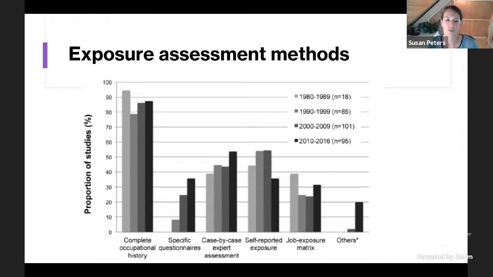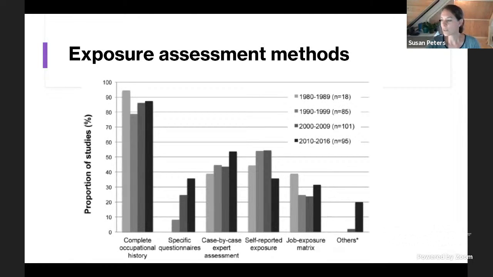Almost all of them had full occupational histories, and by the different colors of the bars, you see the 80s, 90s, 2000s, 2010s. But then if we look at the different methods that they used, this case-by-case expert assessment became more popular over the years, and self-reported exposure a little bit less in the last decade.